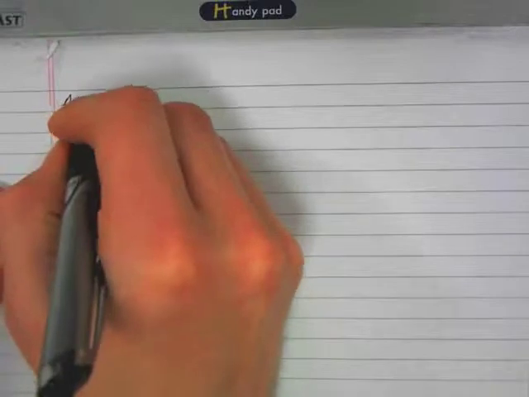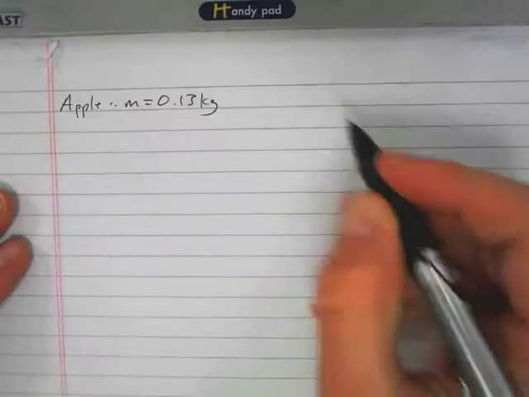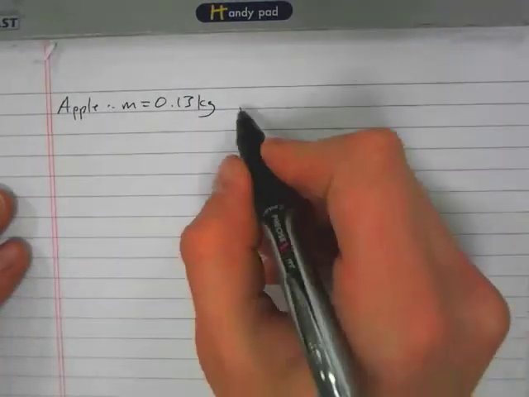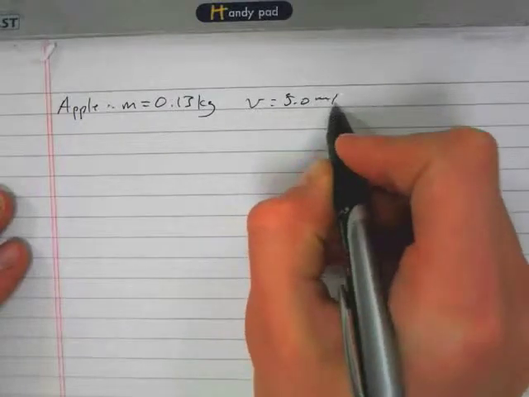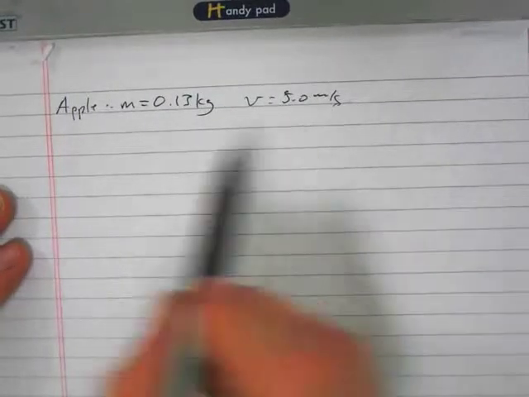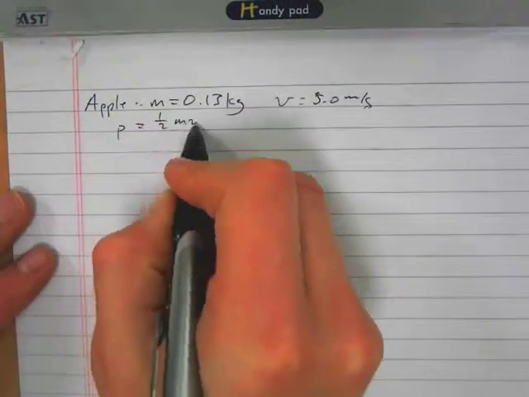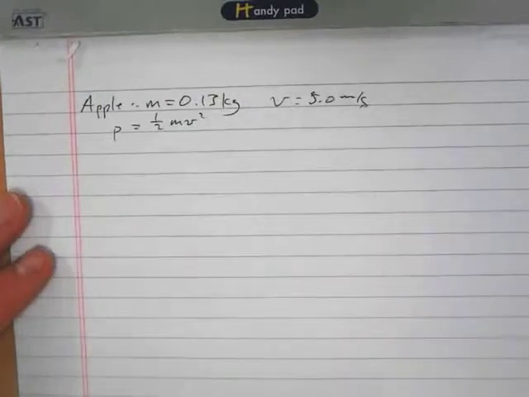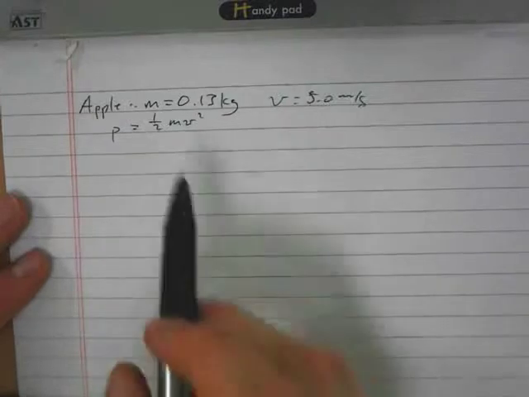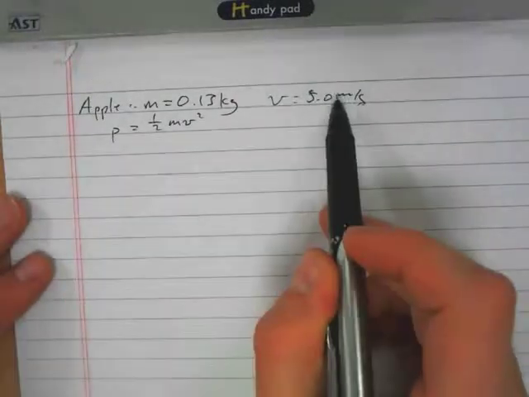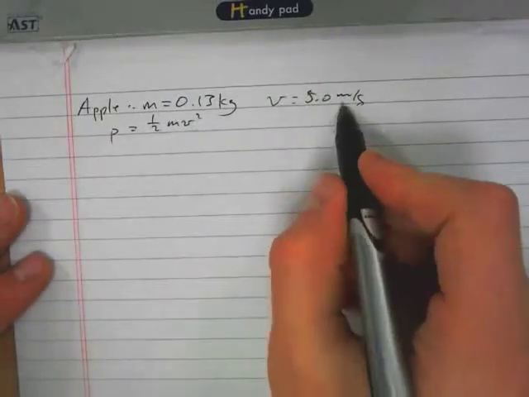Let's say we've got an apple that has a mass of 0.13 kilograms, 130 grams, and it's moving at 5 meters per second. We know that momentum is mv, and that extra effect from relativity, where you change the momentum formula, is only significant when the velocity gets close to the speed of light. So we can just use the simple formula when objects are not anywhere near the speed of light.